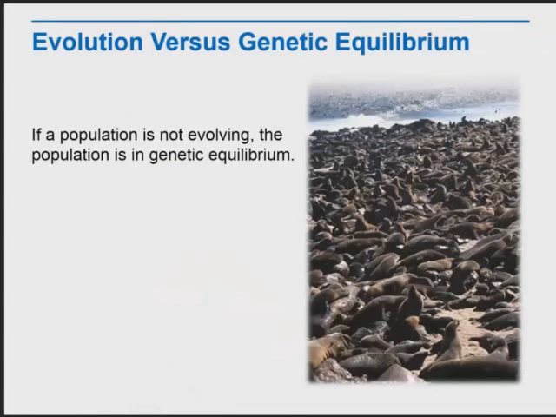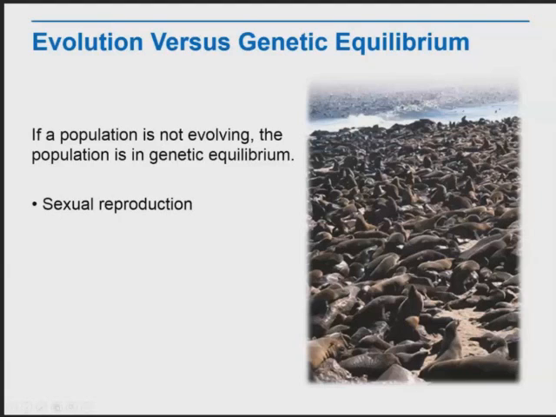One way to understand how and why populations evolve is to imagine a model of a hypothetical population that does not evolve. If a population is not evolving, allele frequencies in its gene pool do not change, which means that the population is in genetic equilibrium. However, any wild population, like the seals shown, is unlikely to remain in genetic equilibrium.